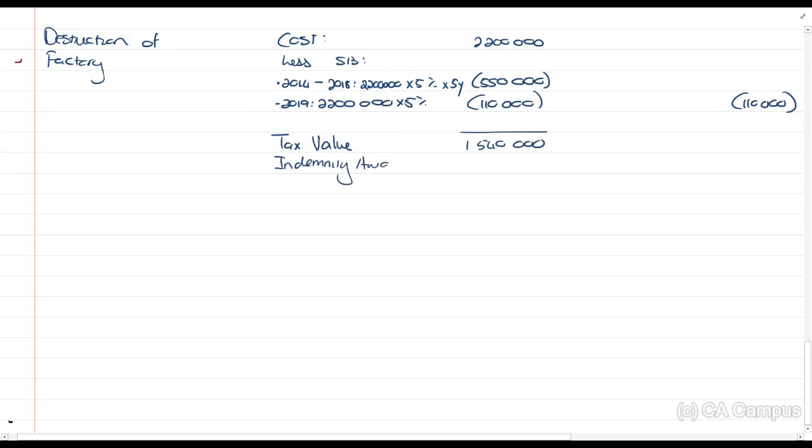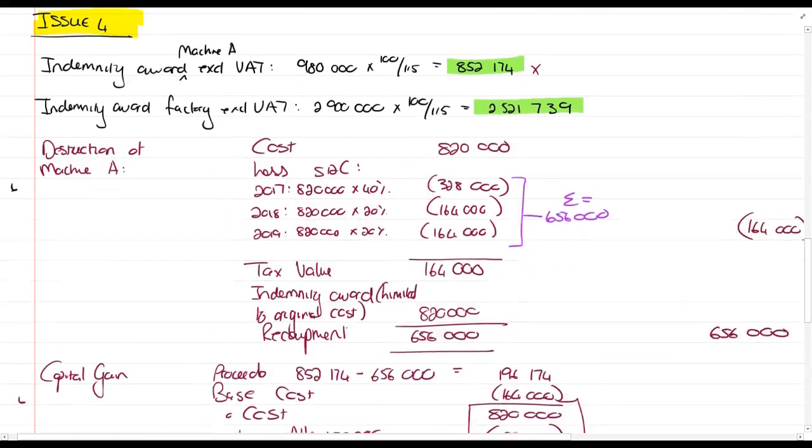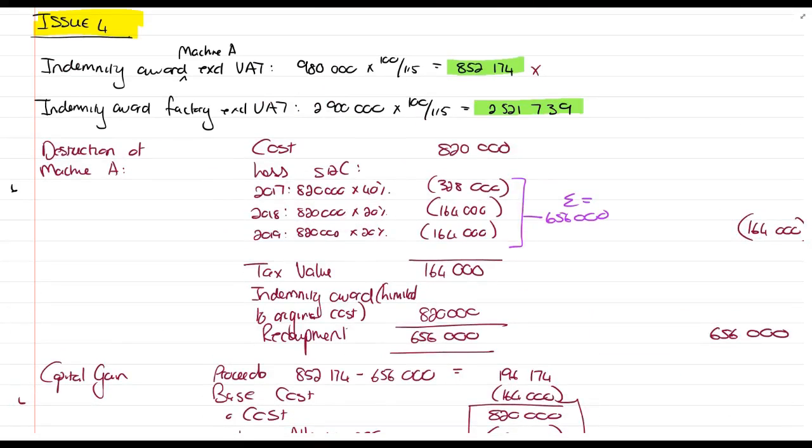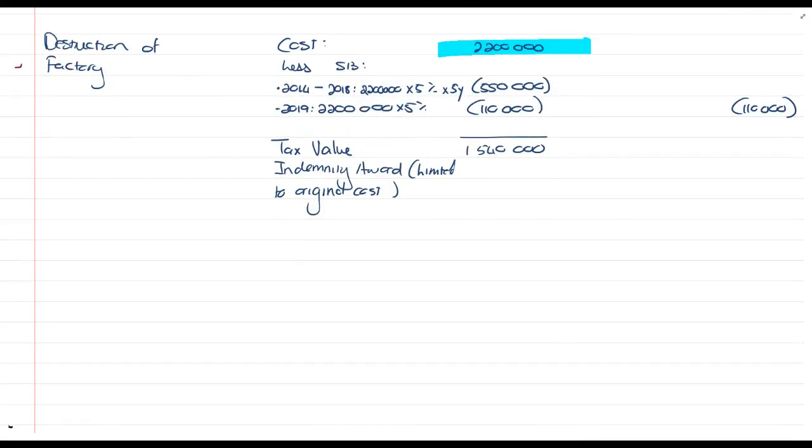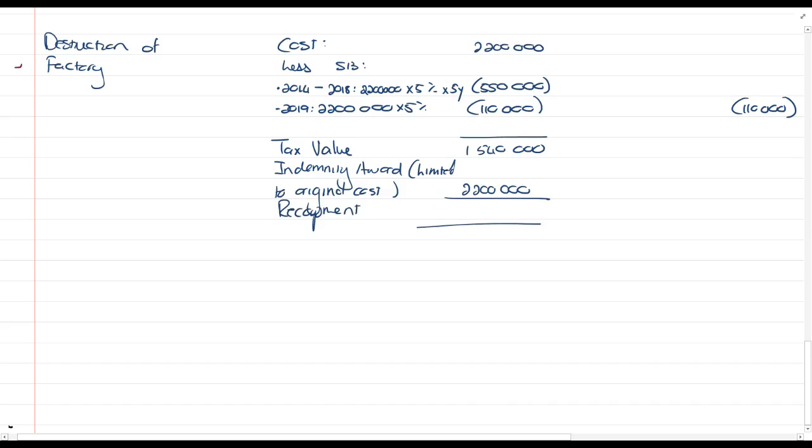So indemnity award limited to original cost. My original cost is 2.2 million rands, and the indemnity award is 2.5 million rands. So you can see the original cost is the lower of the two. Okay, so this calculates a recoupment for us: 660,000. Now usually I go and put it into my taxable income column, but not this time.